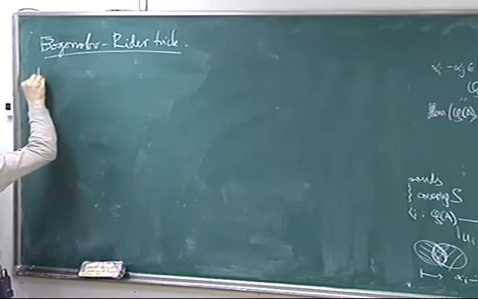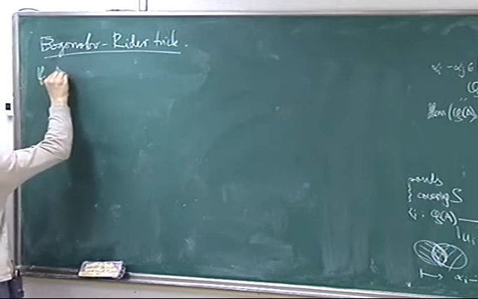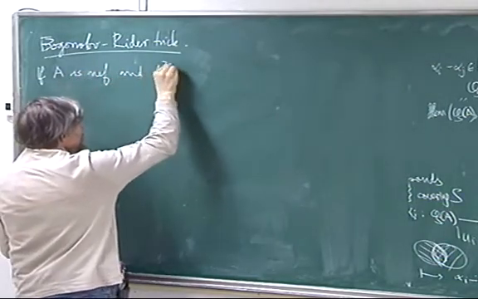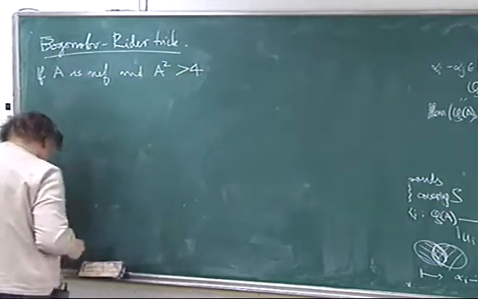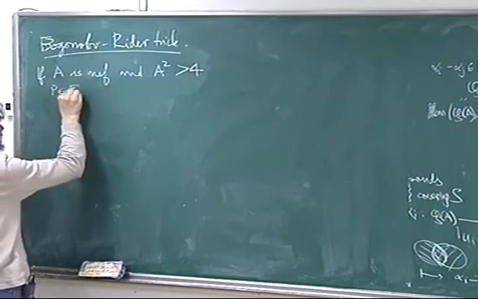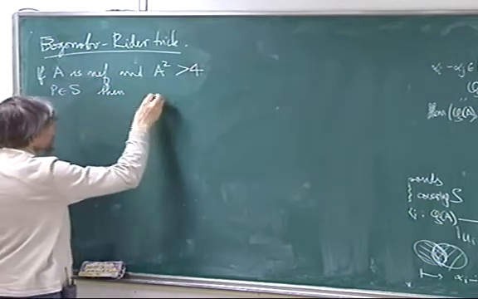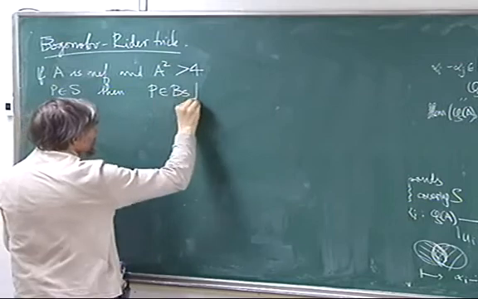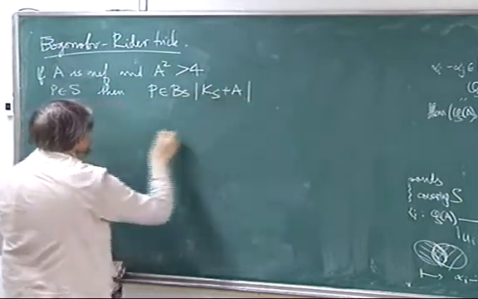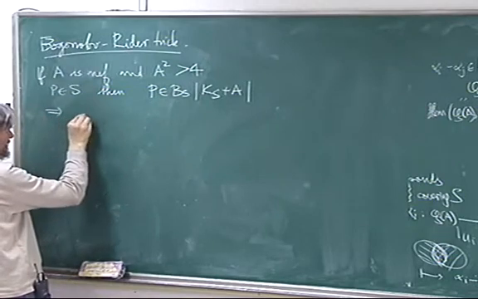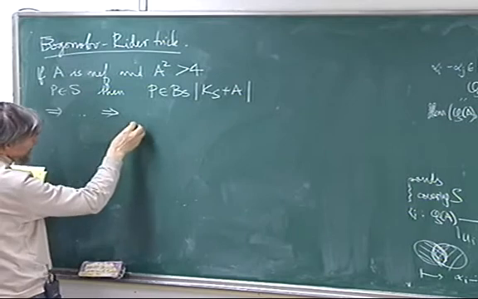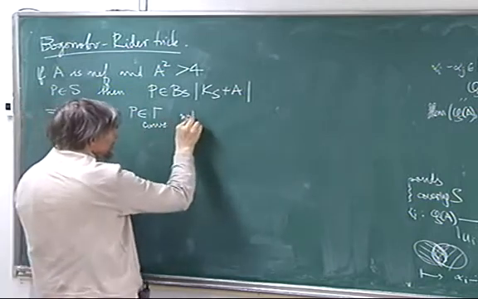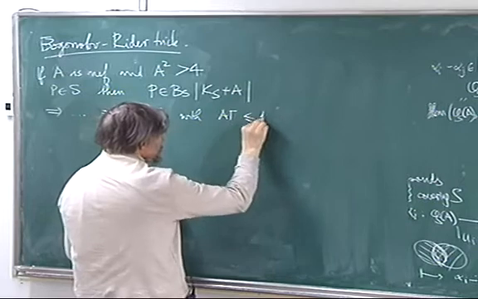So if A is nef and A squared is greater than 4, and P is in S, then P is a base point of Ks plus A implies various special things that I haven't had time to think about carefully, but implies that P is on a curve gamma with A times gamma less than or equal to 1.